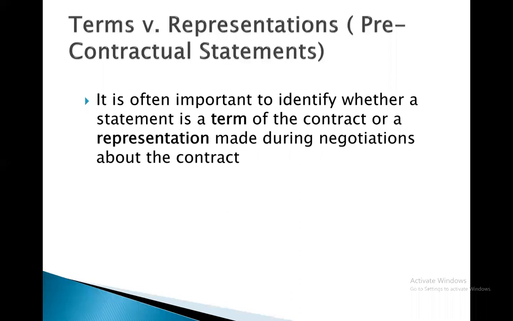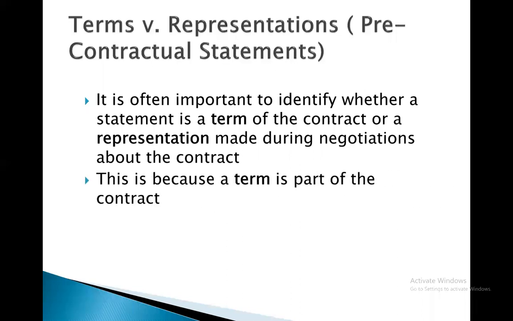And this distinction is important. Why is it so? Because where you classify a statement made at the pre-contractual stage as a term, you are saying that it forms part of the contract. And that is also important because it has its own implications or consequences. And we will be exploring that in a minute.